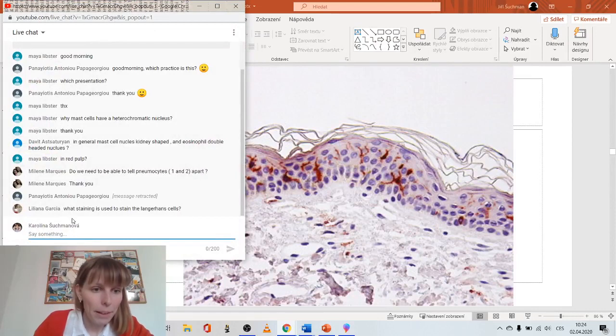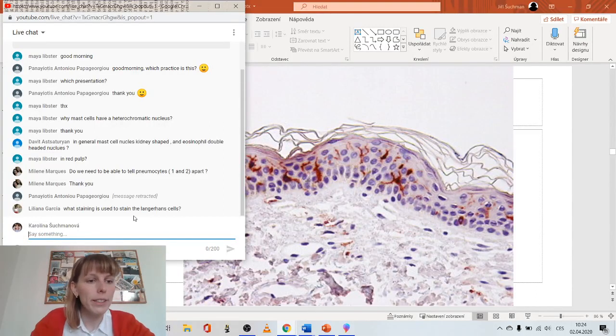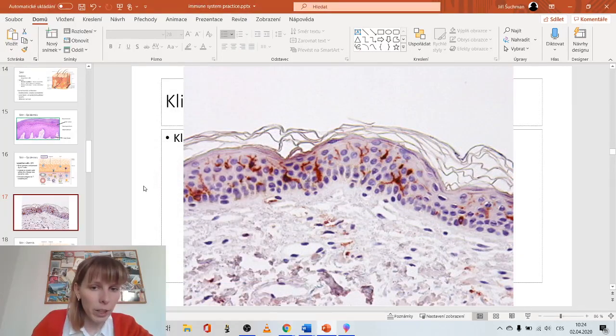Okay, what staining is used to stain the Langerhans cells? It's enough to just know that it's immunohistochemical staining, because immunohistochemistry, in principle, uses special antibodies for special proteins.